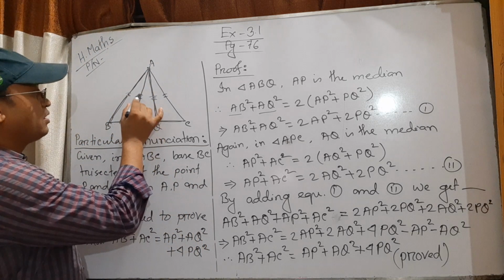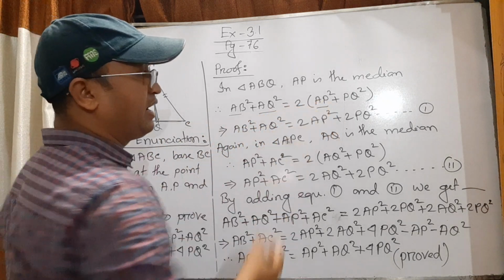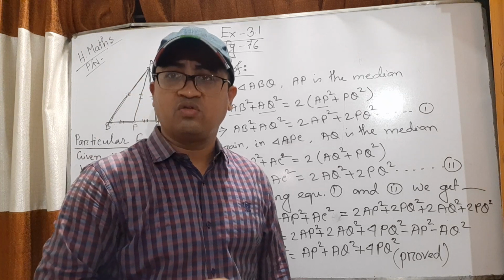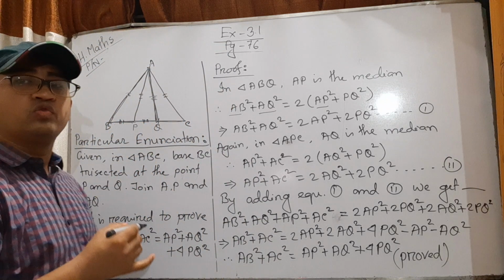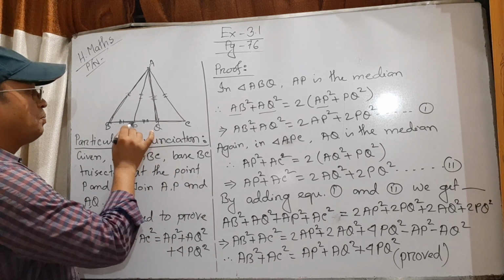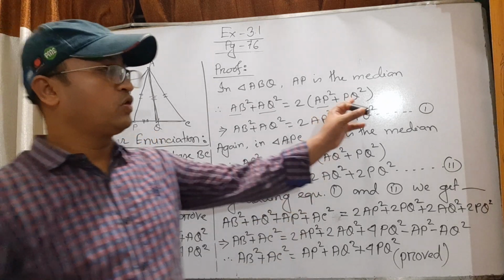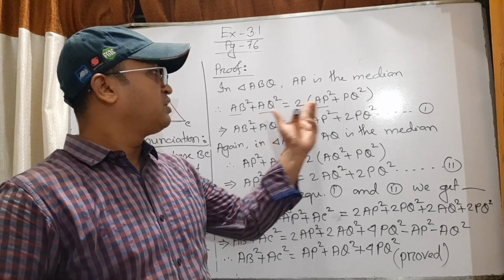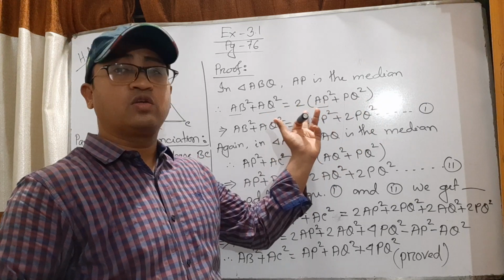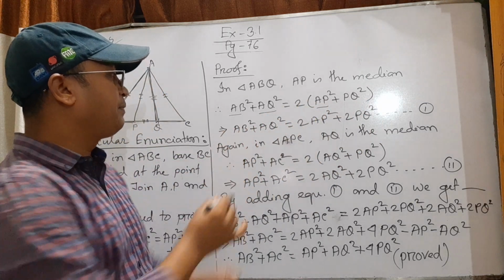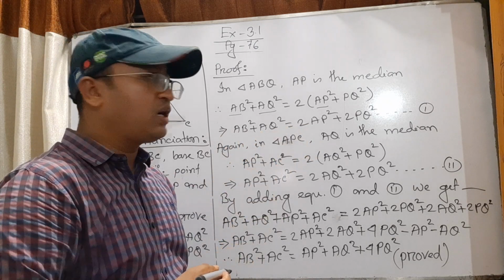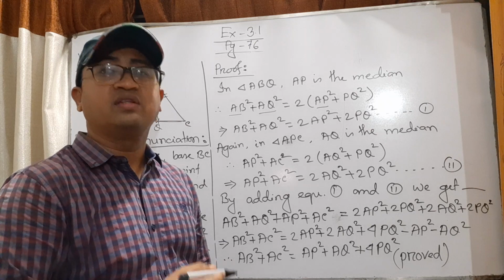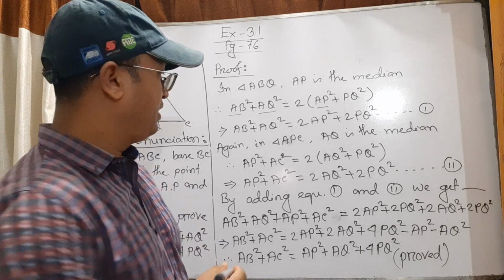Median is AP. So AP square and one half of the base, because BP and PQ are equal, you can take any one. Here I take PQ, so PQ square. Now multiply this by 2. We will get AB square plus AQ square equals 2AP square plus 2PQ square. This is equation number 1.